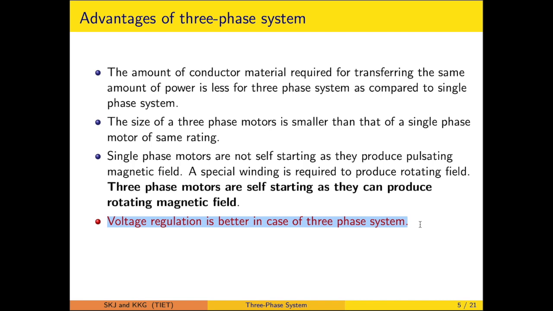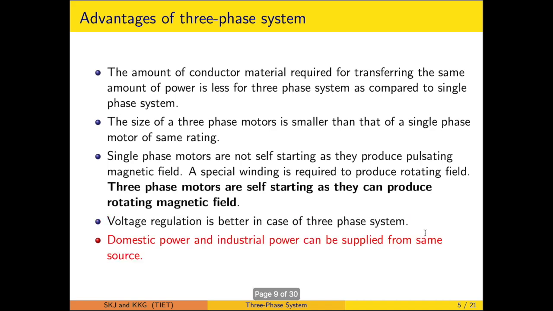These are the typical advantages because of which the three phase system is used for all practical considerations, except, let's say, for residential households where the power consumption is of very low rating.